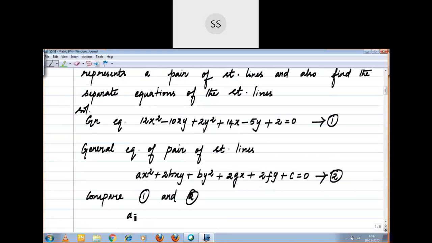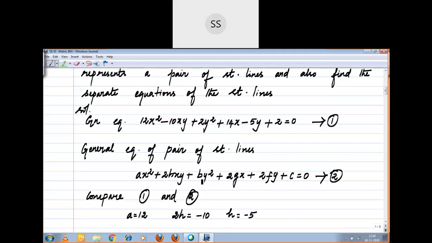What is A? A equal to 12. The coefficient of xy in the given equation is minus 10, and in the general it is 2h. So 2h equal to minus 10, h is equal to minus 5.